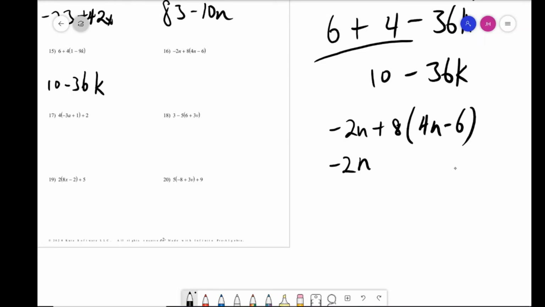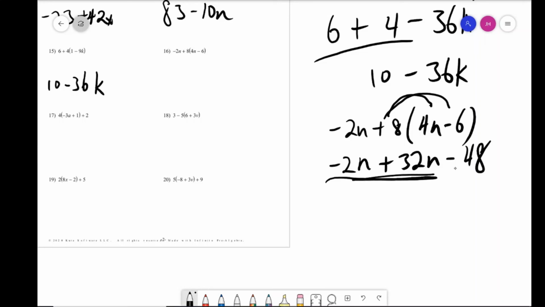Then you take the plus 8 times 4n, which gives you plus 32n, plus 8 times negative 6, that is negative 48. Combining the variable terms, this will give me 30n minus 48.